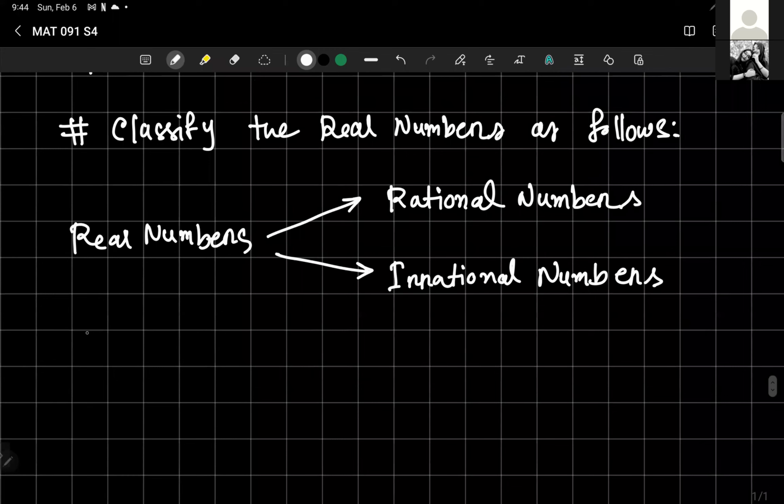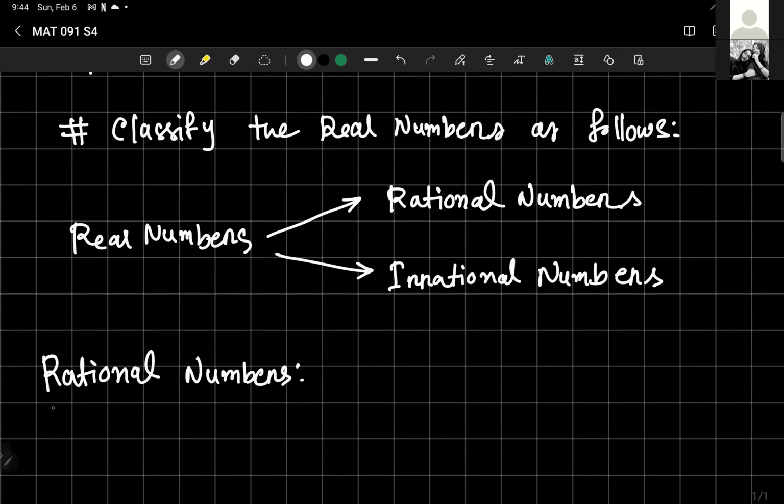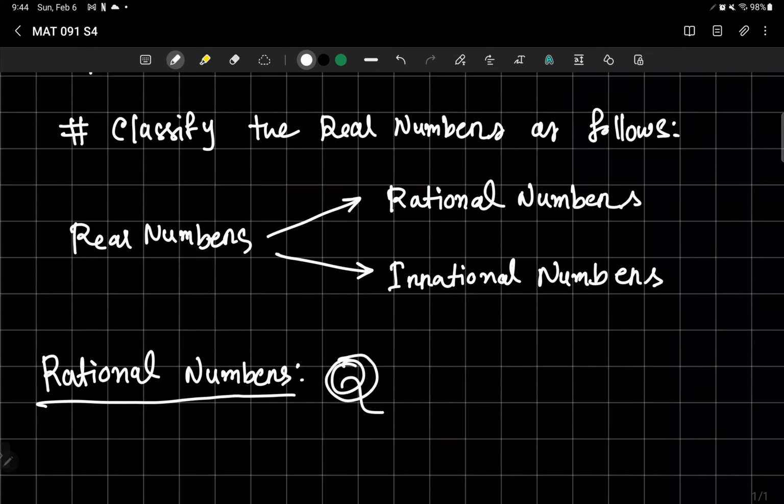So rational numbers. The set of rational numbers is denoted with this Q. It's a bold face Q like this. Some people write it like this, drawing two circles and then putting a Q tail like this.